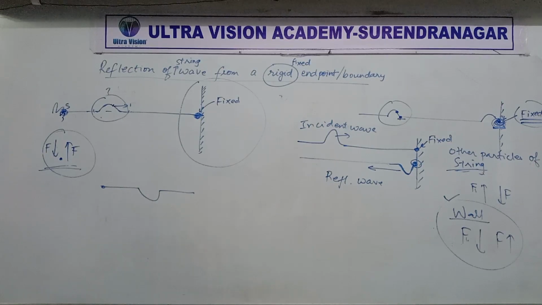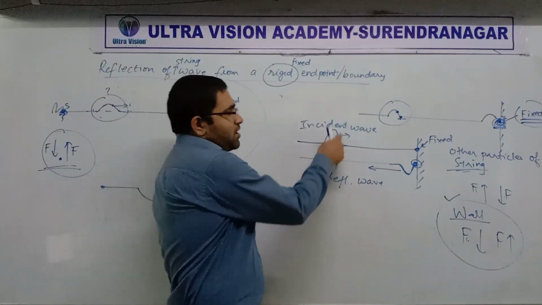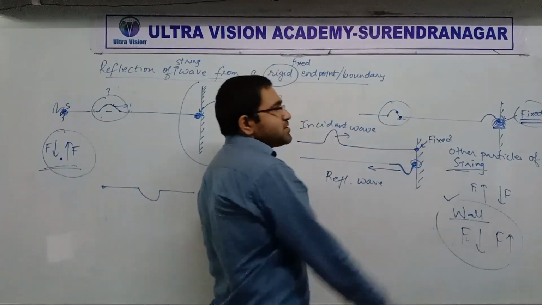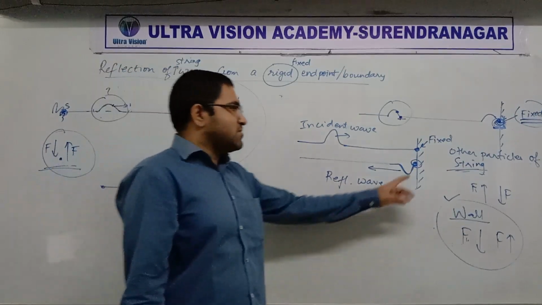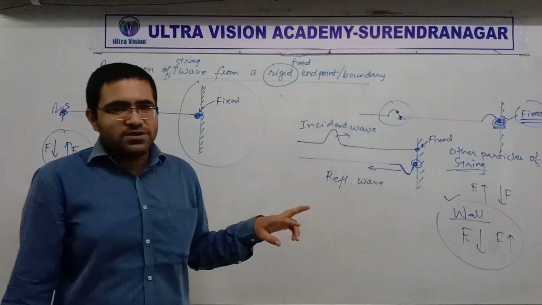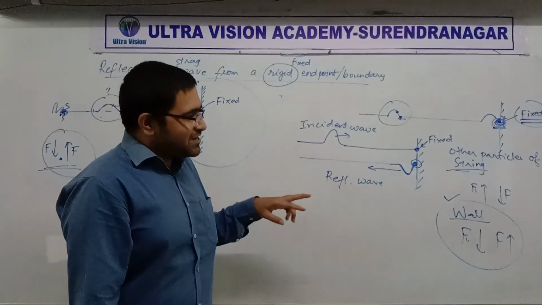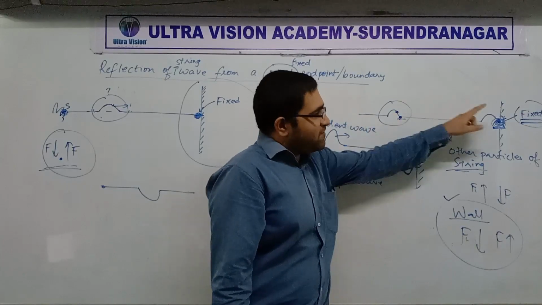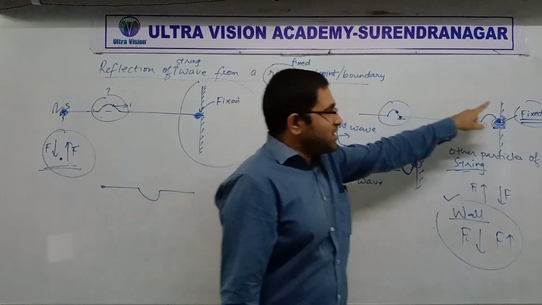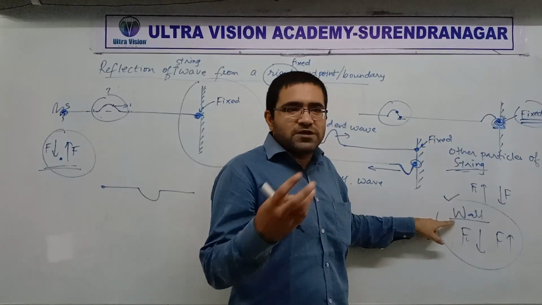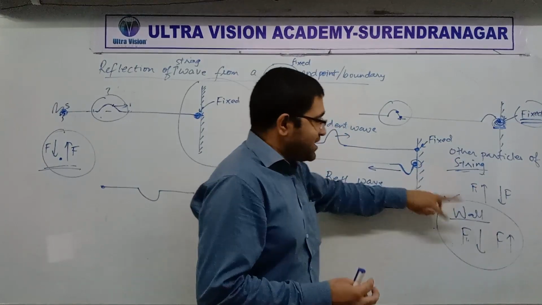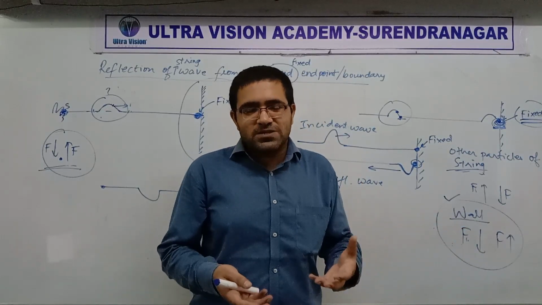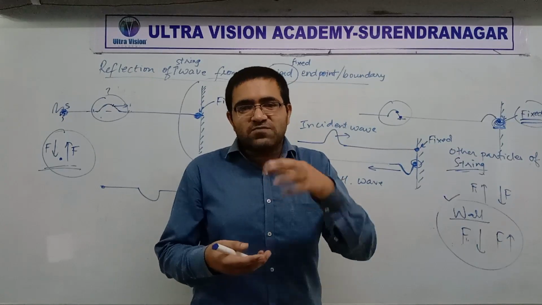So if the incident wave is upward like this, when the wave gets reflected by the fixed point, it will get inverted. Again, why does it get inverted? It is necessary because this point is fixed. Reason: to keep the point fixed, the wall should apply opposite forces. Obviously, when you reverse the direction of forces, it creates a wave that is inverted.